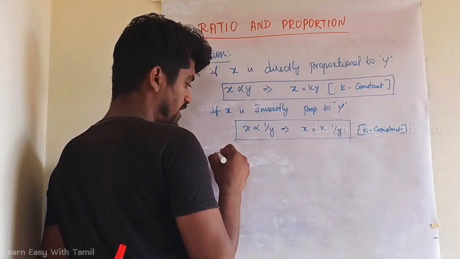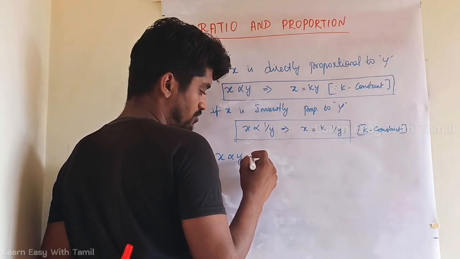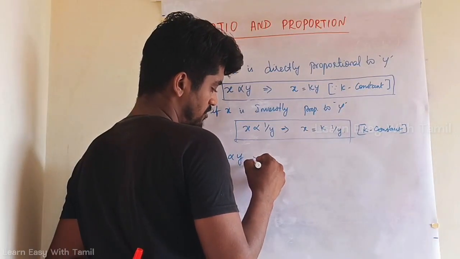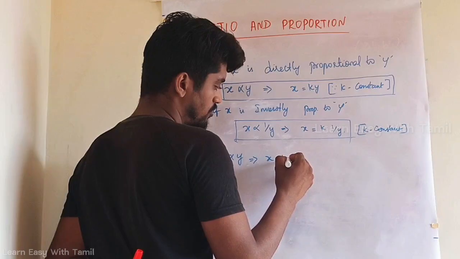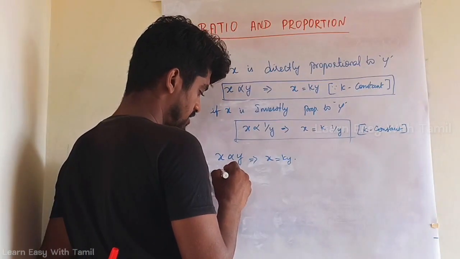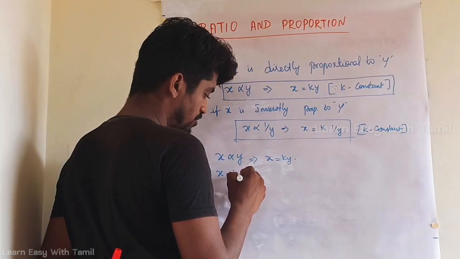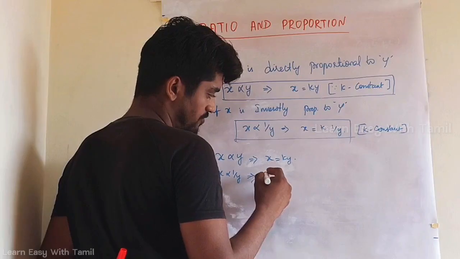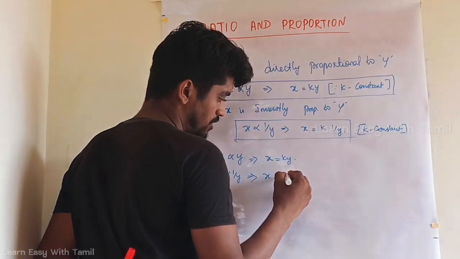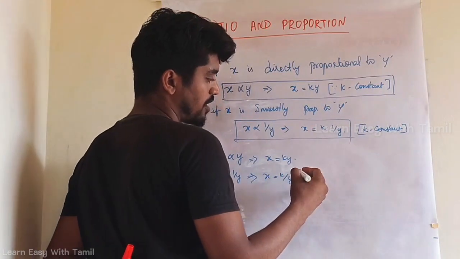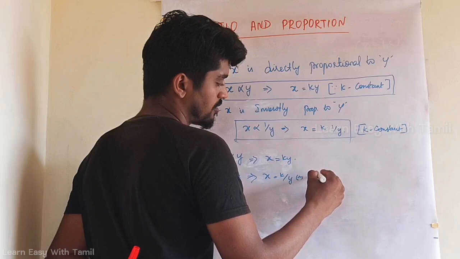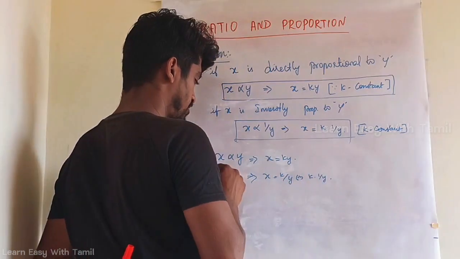So for direct proportion, X directly proportional to Y is written as X is equal to KY. X is inversely proportional to Y is written as X is equal to K by Y, or K into 1 by Y.